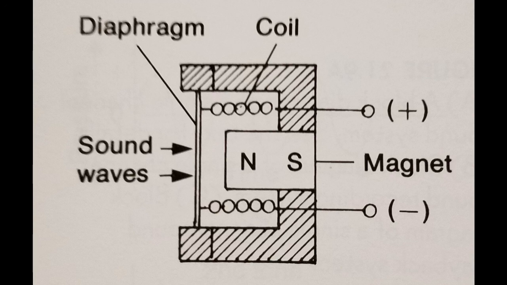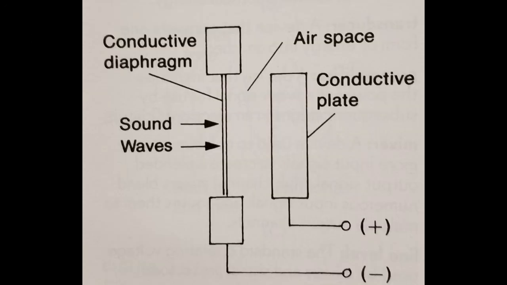And last, we have the condenser microphone. The condenser microphone is the most complex that is used in theater sound. The diaphragm, which is made up of thin conductive material, forms one plate of a condenser or capacitor. The constant voltage is applied across these plates, as you can see here.